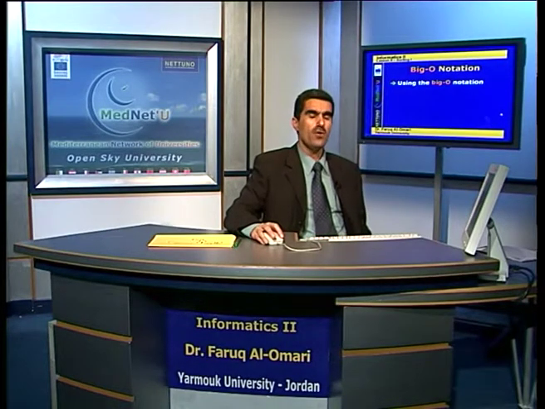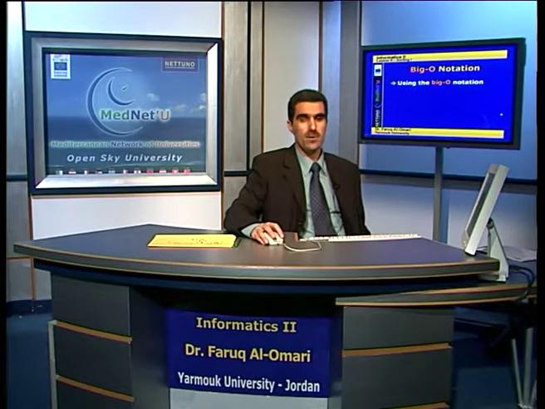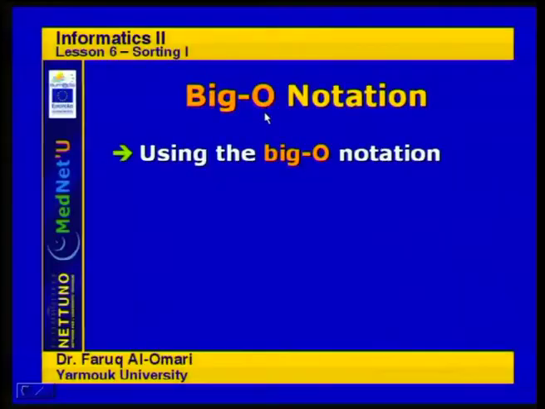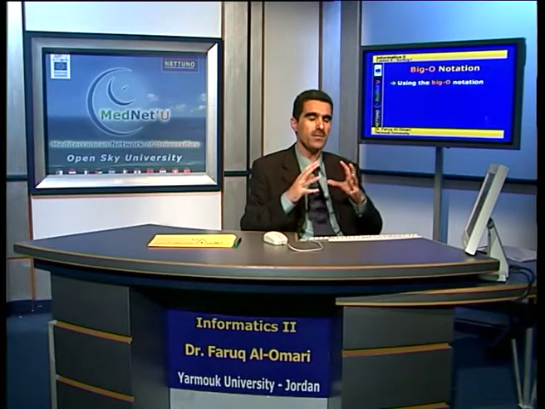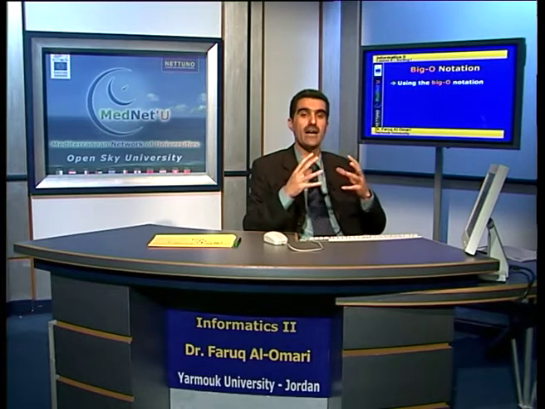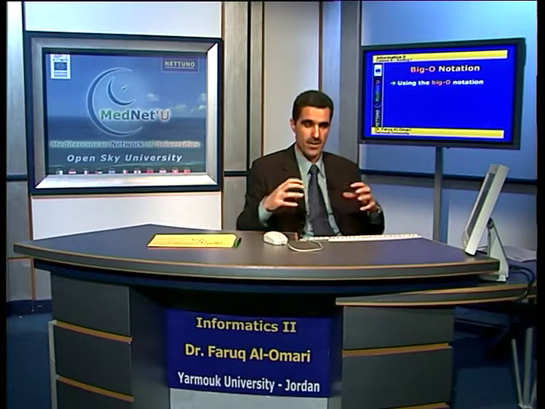Well, there is the big O notation, and we're going to talk about this later on in this course. However, what it says is, instead of looking at all the details of the expressions, we just want to look at the order of the number of computations. So here we concentrate on the major factor, the major term in the expression.